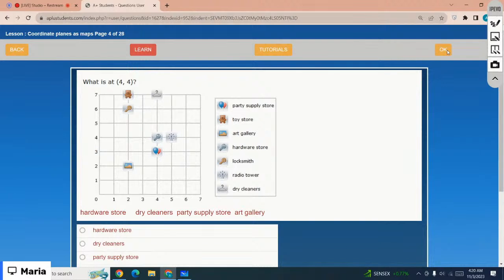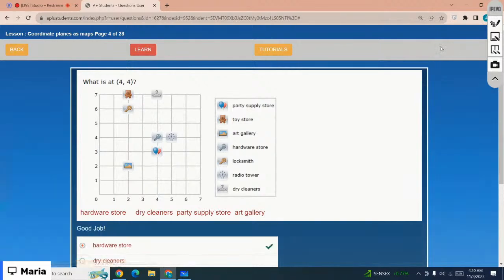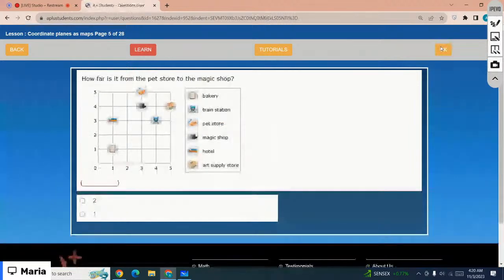Very good. Just look at this one, right? Match it to the here. That is hardware store. Very good. How far is it from the pet store to the magic shop? So the distance between the pet store and the magic shop is pet store to magic shop only 1 unit away. Very good.